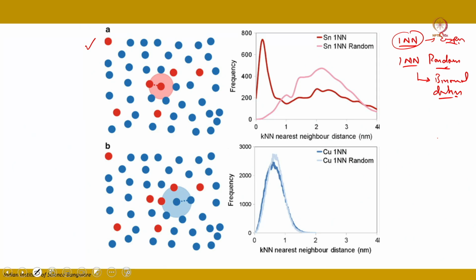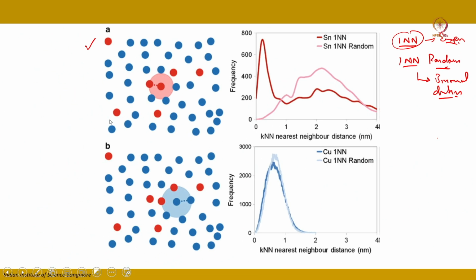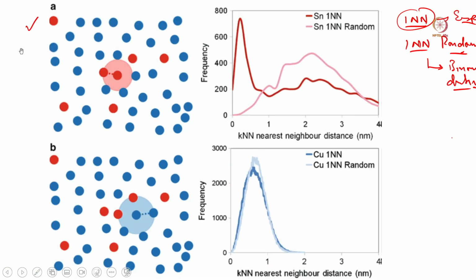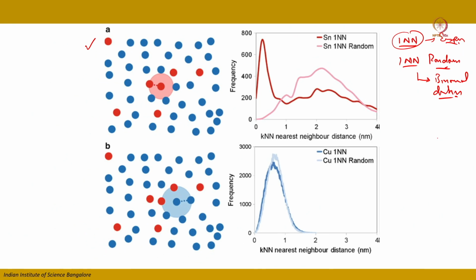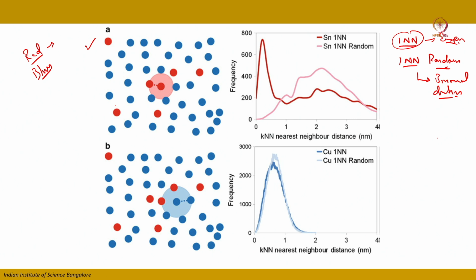Consider that there are two kinds of atoms. One is red and one is blue. Blue is the matrix atoms. Okay, and assume that red are tin and blue are copper.